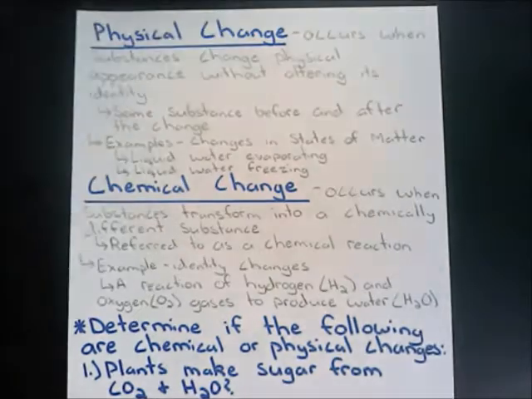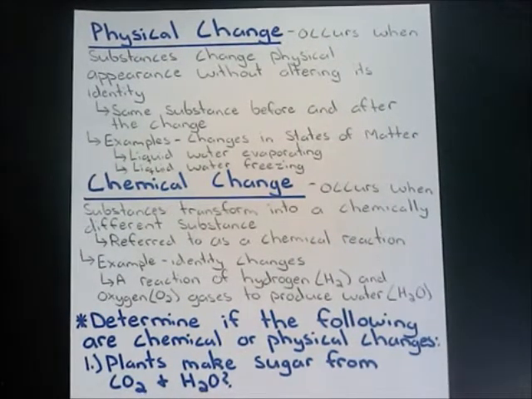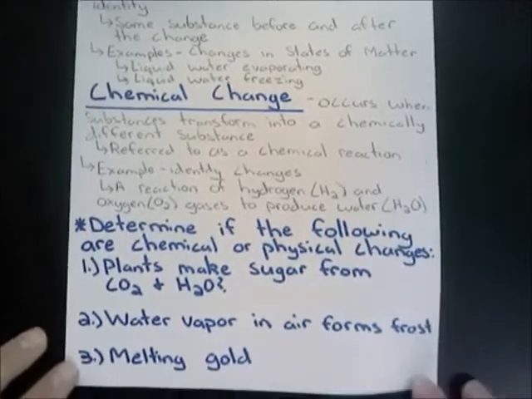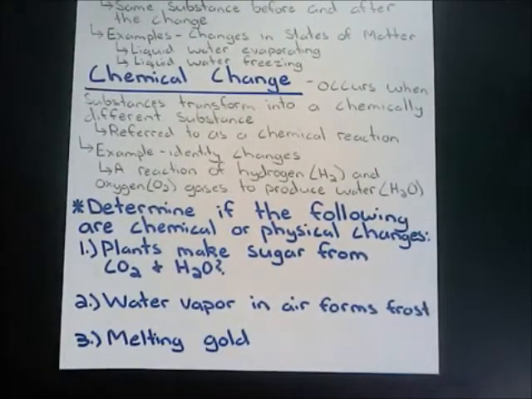So now that we have physical and chemical changes in mind, I want to go through a couple examples down here that help us distinguish between each of these types of changes. We start out here with plants making sugar, which is C6H12O6, from CO2 and H2O.